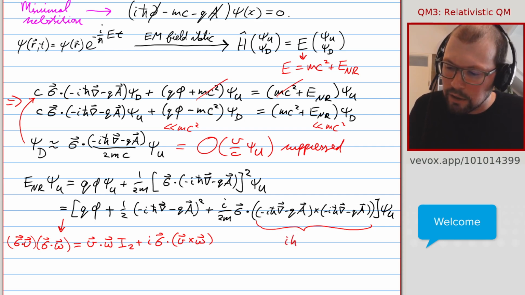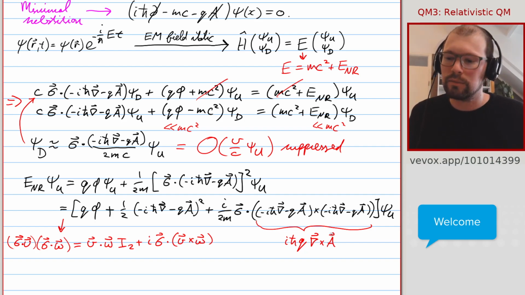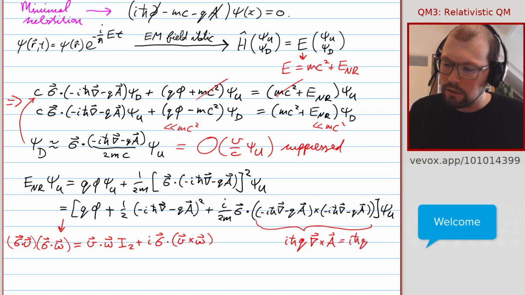So here we get i h bar Q, and then the curl of the vector potential. And as you will remember, the curl of the vector potential is just the magnetic field.